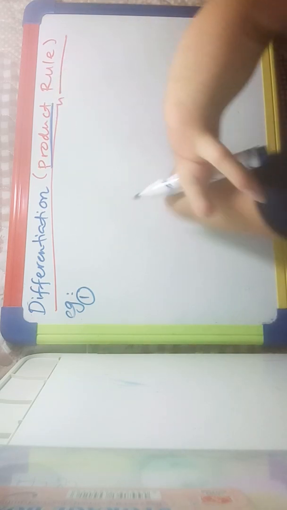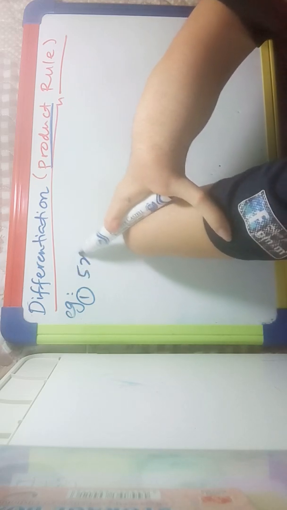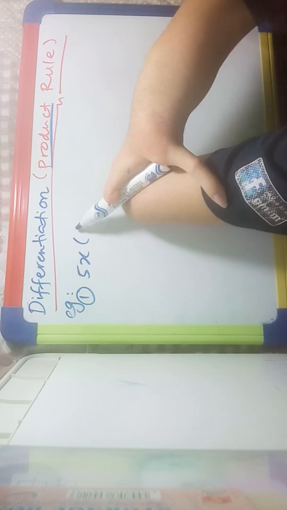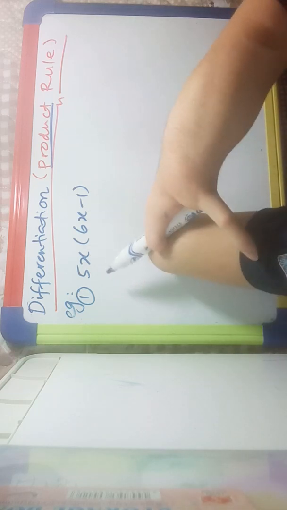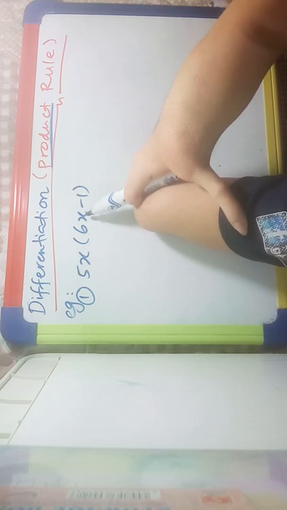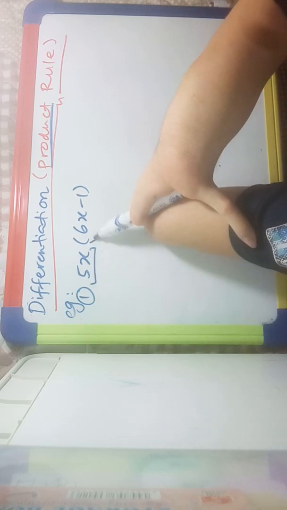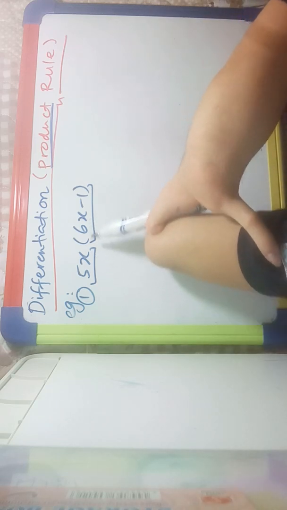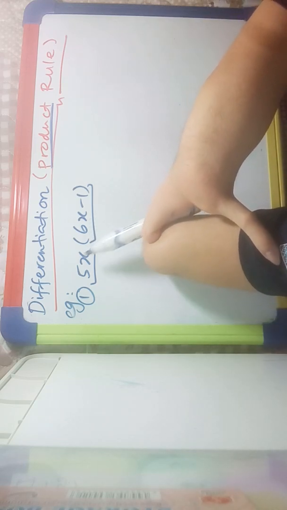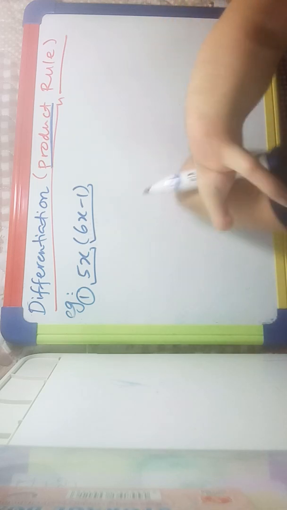Always remember, let's say I give you 5x multiplied by 6x minus 1. When you see there are two different functions, the first is 5x and the next one is 6x minus 1. So it is the multiplication of two different functions.